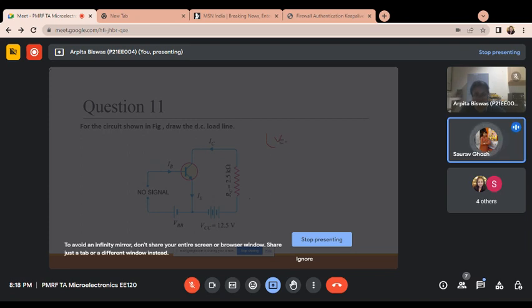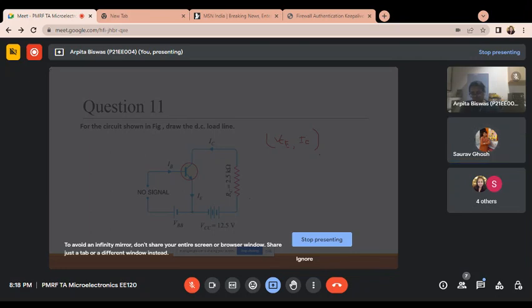Ma'am, for the common emitter consideration, if you plot the output characteristics graph, that is the IC versus VCE, where the base current is the input, we can get the load line as 12.5 volt on the VCE axis, and IC value we got as 5 milliamps.